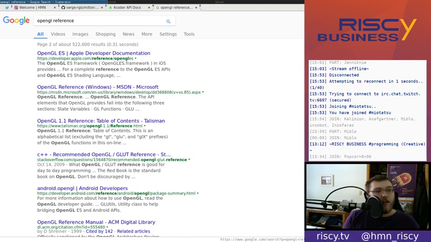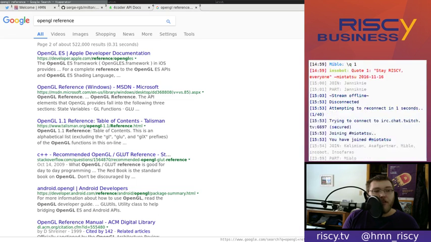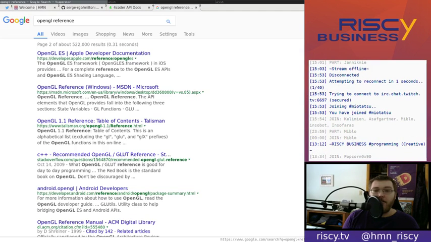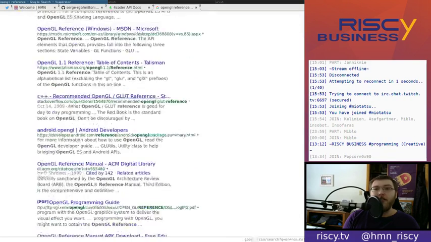So if anyone in the chat knows, I know Popcorn, I see you're possibly watching. If you know any OpenGL references that are good, paste a link in the chat. Or if anyone else is watching, please let me know, because I don't remember what the OpenGL reference was.